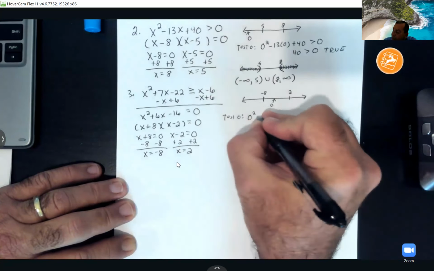Well, 0 squared is gone. 7 times 0 is gone. So the left side is negative 22. That's got to be greater than or equal to, and on the right side, the 0's gone, so that's just a negative 6. So negative 22 greater than negative 6 is false.